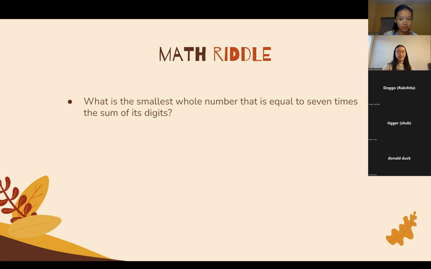All right, so Olivia says 21. 21 or 21 factorial? 21 does work. Now the question is, is it the smallest? Let's see. Well, you can see if you can think of anything else.